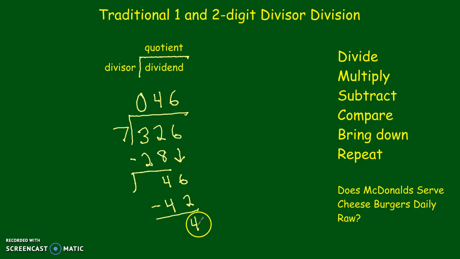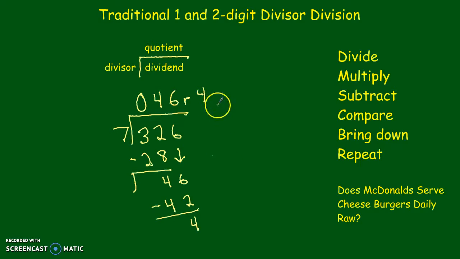Now, what do we do with this 4? Depending on what is being asked of you, sometimes you just list it as a remainder. And so our answer could be 46 remainder 4. It's the number that doesn't fit equally into another group. Other times your teacher might ask you to record it as a fraction.